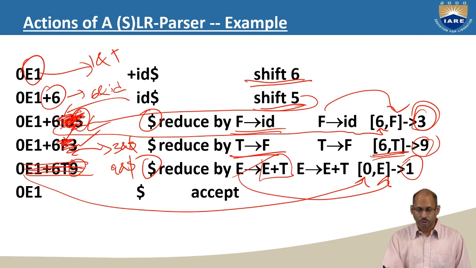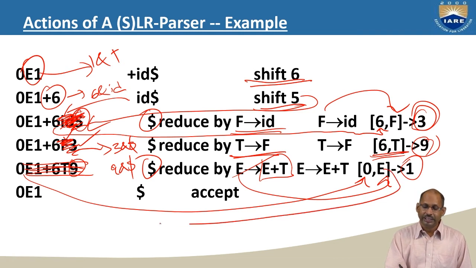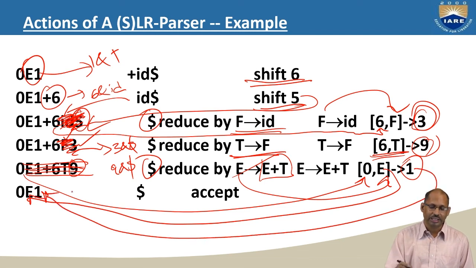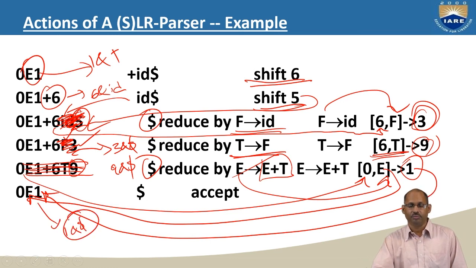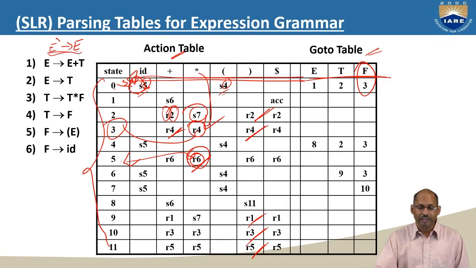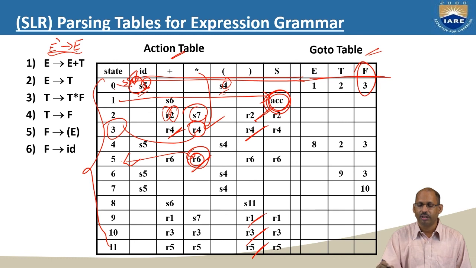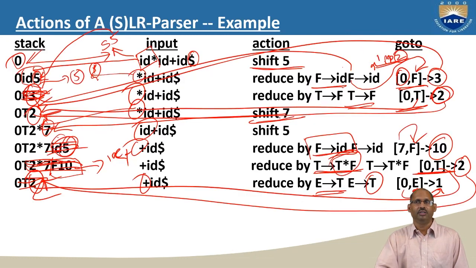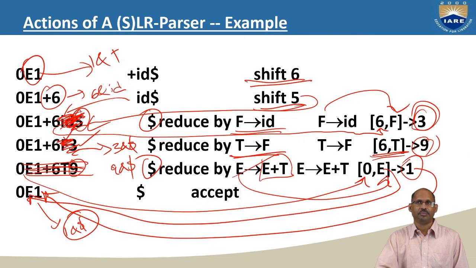Store this E and this 1 into the stack. Now 1 and dollar. What is 1 and dollar? In the table, 1 and dollar indicates accept.